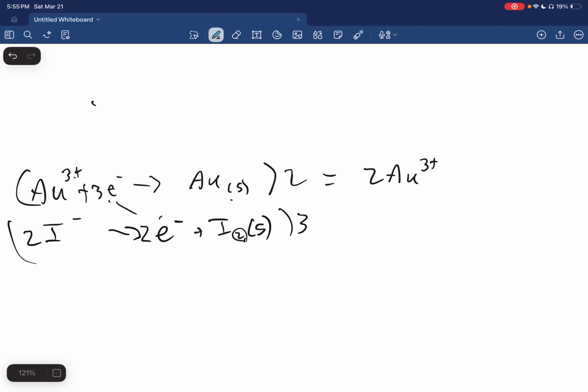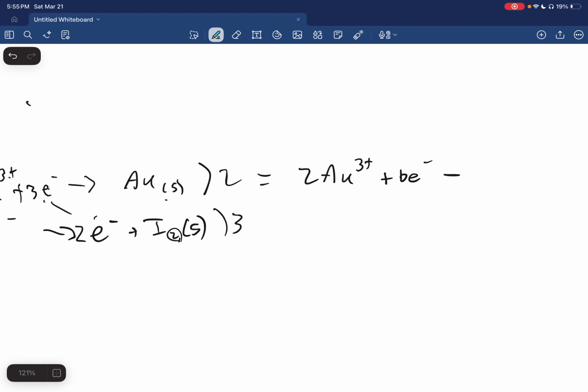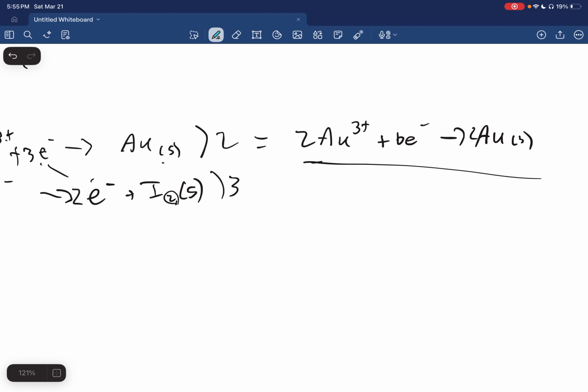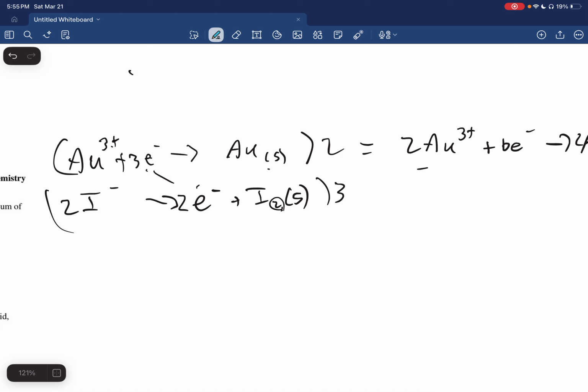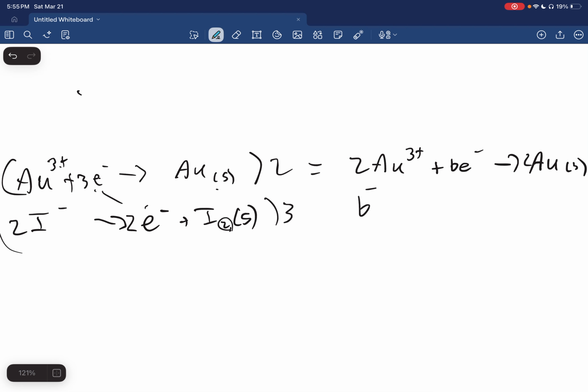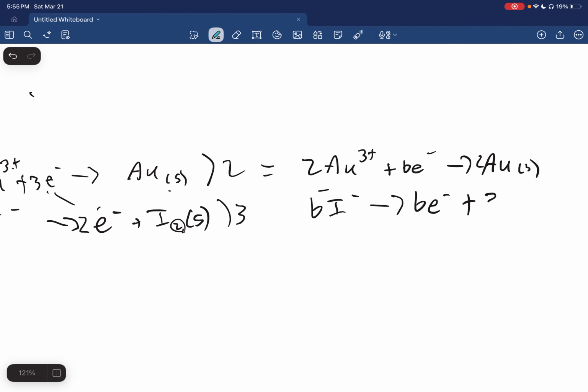So when we do this, we'll get 2Au3+ plus 6 electrons becomes 2 gold solid. And that's our first equation. Then we multiply this bottom one by 3, so we get 6I minus becomes 6 electrons plus 3 I2 solid.